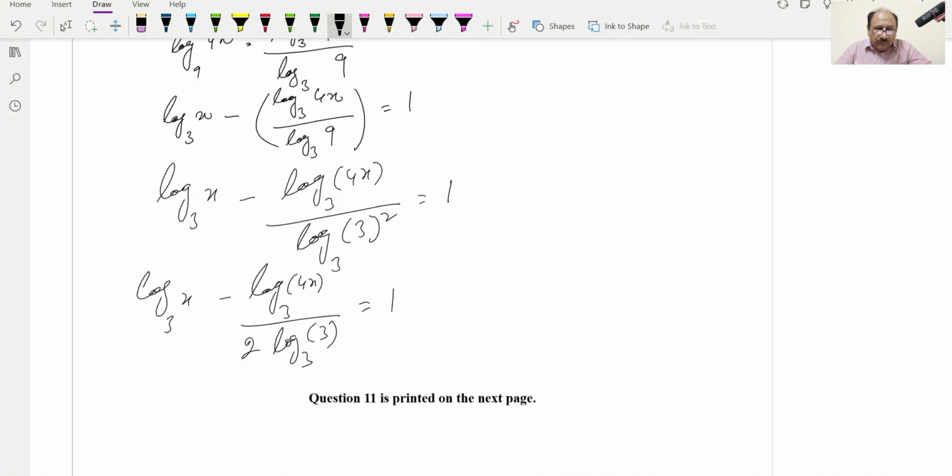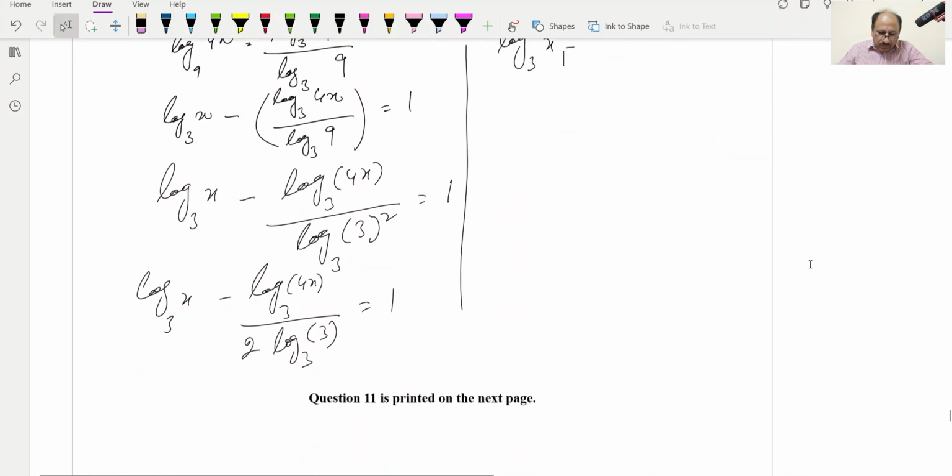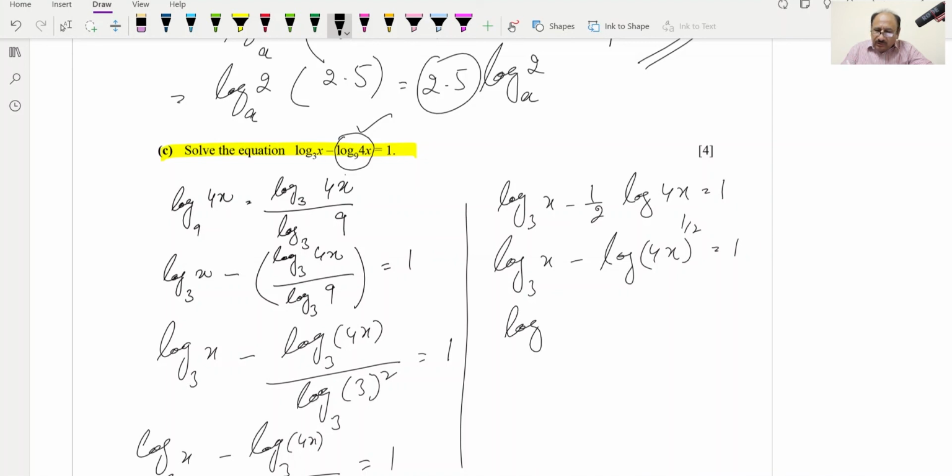So we can rewrite it, and I will use this space and write over here. So log of 3x minus 1 by 2 log of 4x is equal to 1, and this power can be written on top of 4x. So log of 3x minus log of 4x raised to the power 1 by 2 is equal to 1, and by rule we can write log a minus log b.